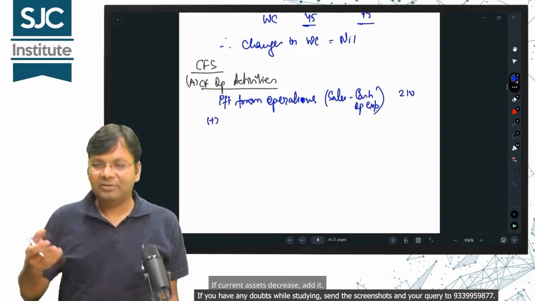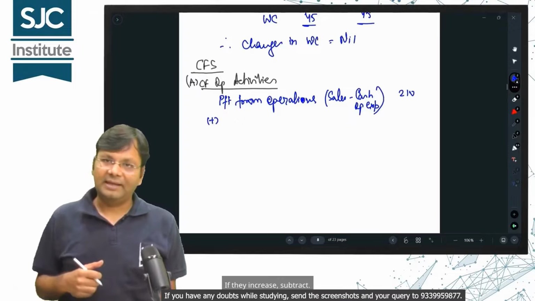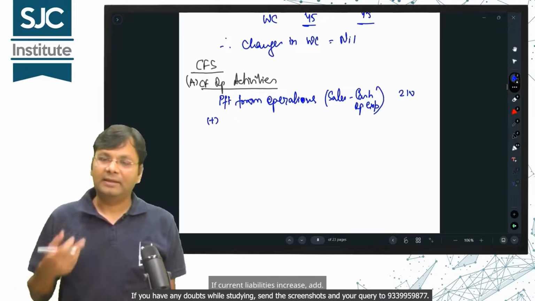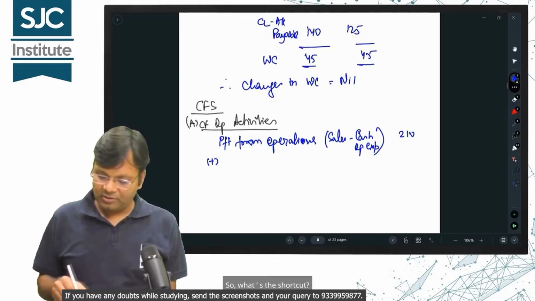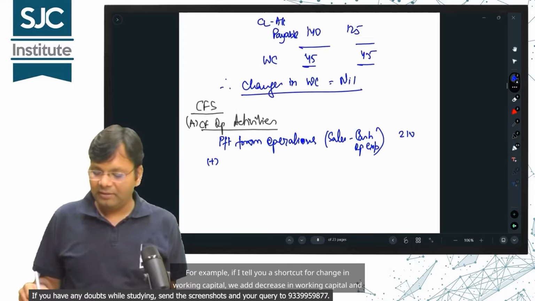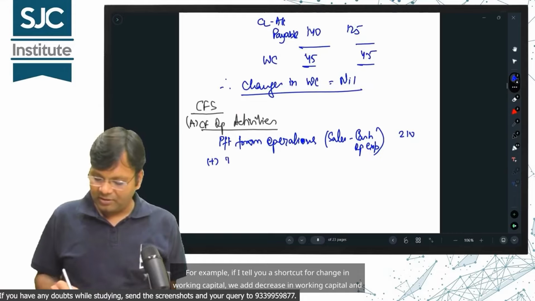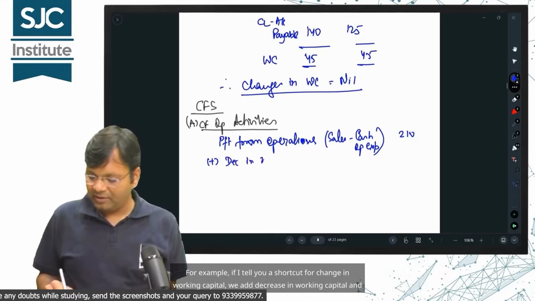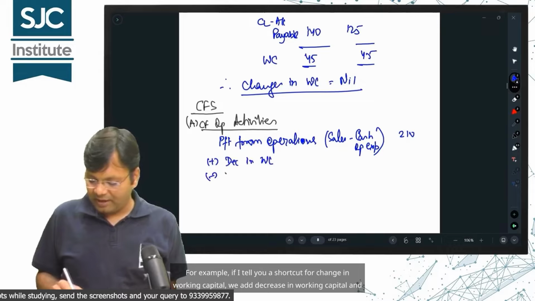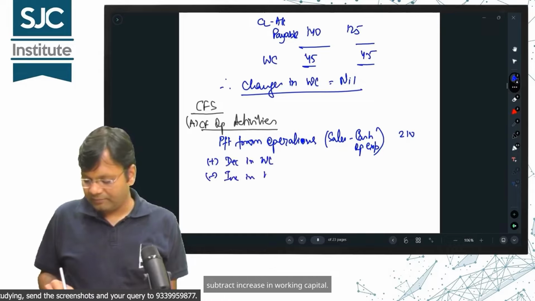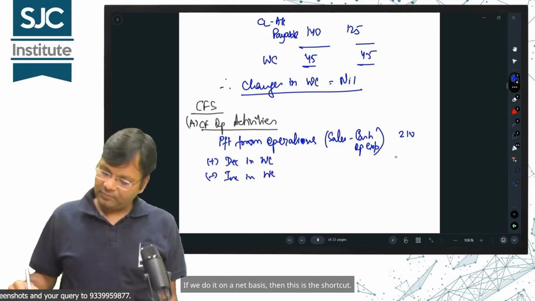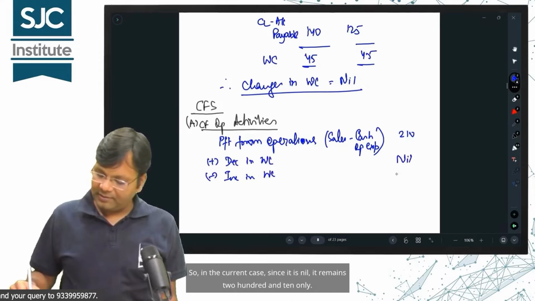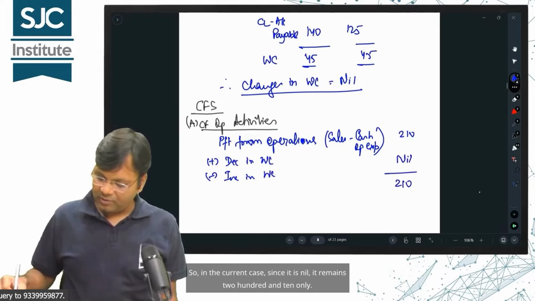If current assets decrease, add it. If they increase, subtract. If current liabilities increase, add. So, what's the shortcut? For change in working capital, we add decrease in working capital and subtract increase in working capital, if we do it on a net basis. In the current case, since it is nil, it remains 210 only.